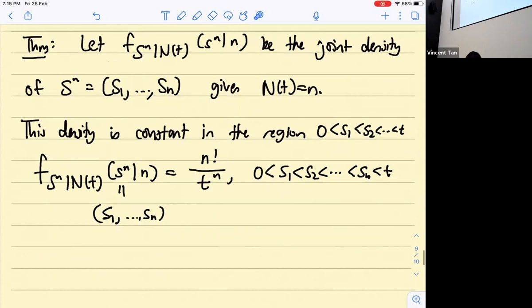So this looks a little bit cumbersome and heavy. So let's consider just the following: f of s1 conditioned on N(t) equal to 1. So the number of arrivals is 1 up to time t.